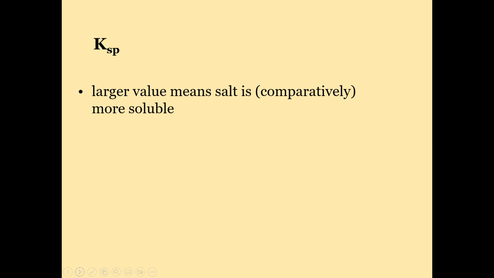All of these are still going to have exponents to the negative power, so they are going to be less than 1. But values that are closer to 1 are going to be more soluble than something that is further away from 1. So the smaller value means that the salt is less soluble.